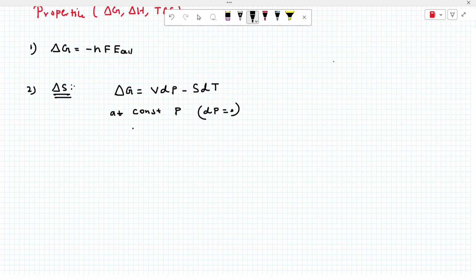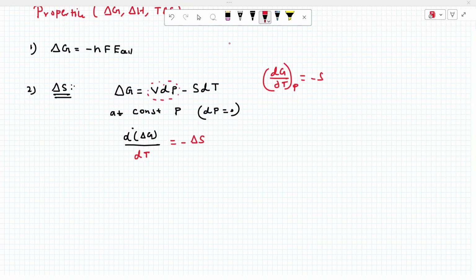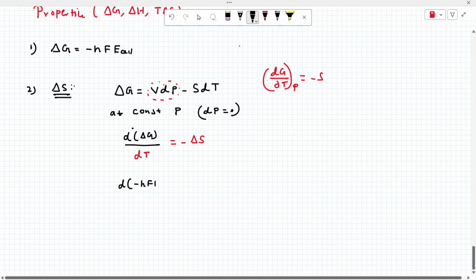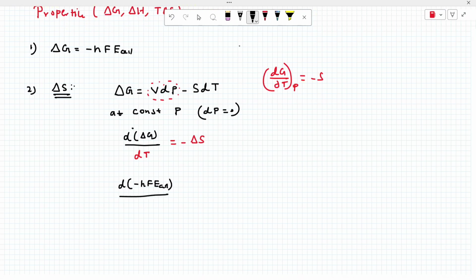So the differential of delta G with respect to T at constant pressure, the VdP term becomes 0, so it equals minus delta S. This is the formula. Usually it is dG by dT at constant pressure equal to minus S. Now I take delta G and delta S. Now the delta G formula is minus nFE cell, so differentiating with respect to T.